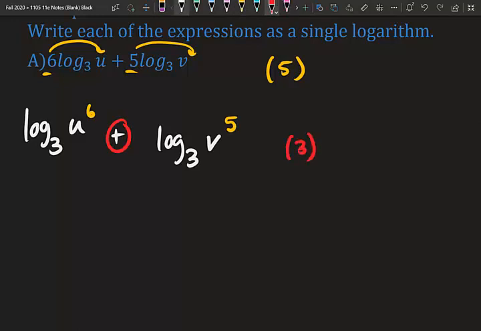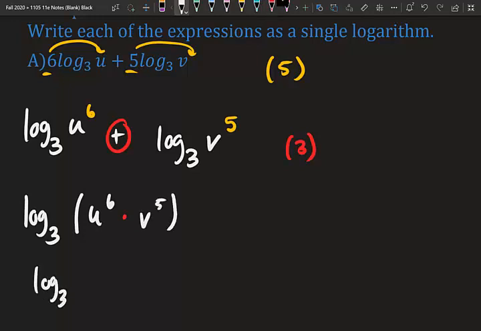Property 3 states when you want one logarithm with the same base, you put them together with multiplication. So we have log 3 u to the 6th times v to the 5th. We can clean this up to be log 3 u to the 6th v to the 5th. You just get rid of the symbol. You don't need it there.